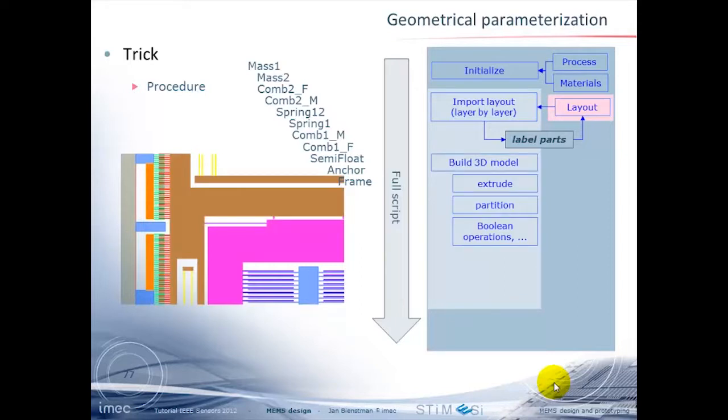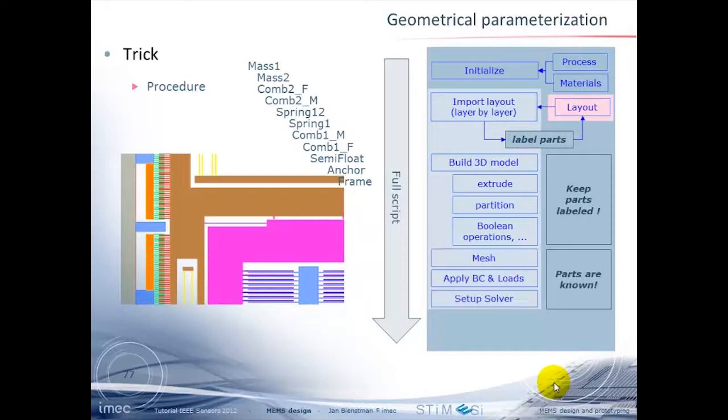Then I can have a script, because parts are known, I can select my part, I can glue them together, I can apply a certain mass, I can mesh with a certain density. Of course, you have to be careful that if you do Boolean operations, you have to keep track, because your parts change and you have to label them again. That is maybe some tweaks you have to do, but still it's less than doing everything manually.